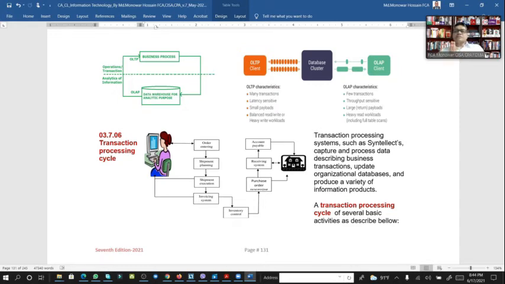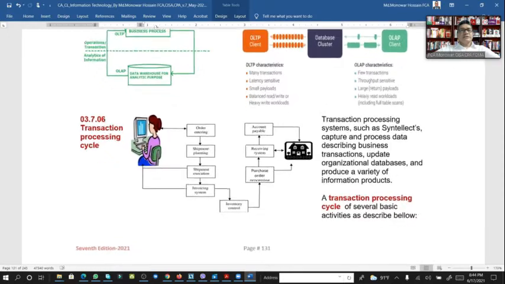Transaction processing systems capture and process data describing business transactions, update organizational databases, and produce a variety of information. A transaction processing cycle has several basic activities.